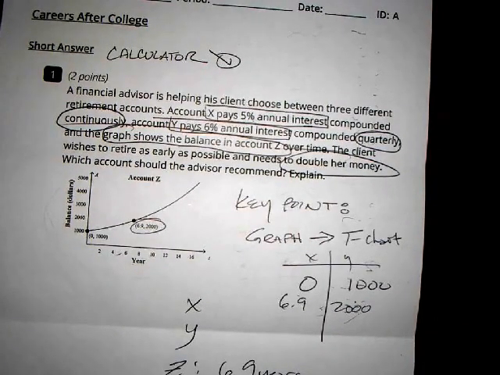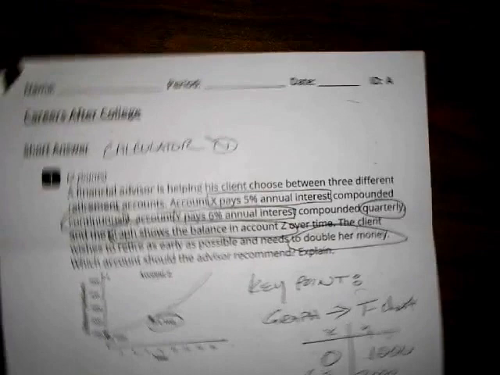What word could that symbolize? Profit. Good guess. Good guess. What's it called when you make an initial investment? What's that initial amount called? It's called the principal. Very good. And so that's what this P is all about. It's the principal.